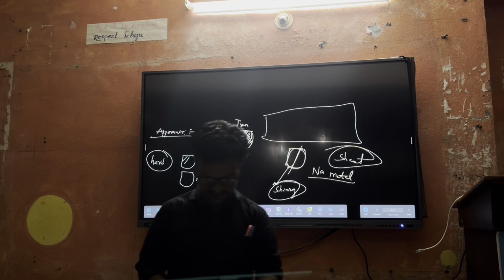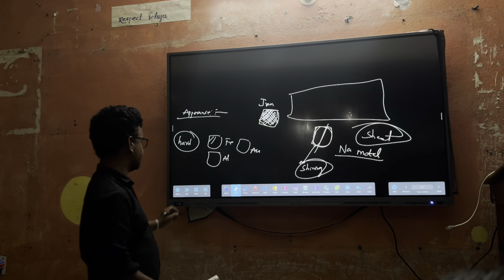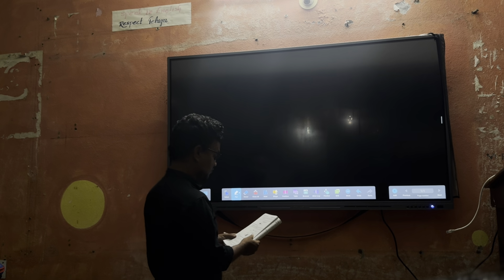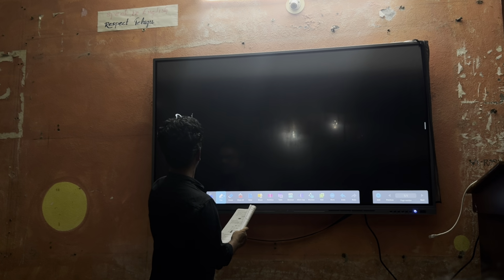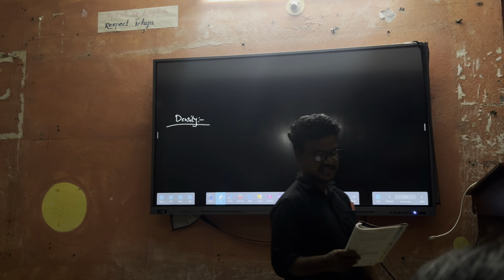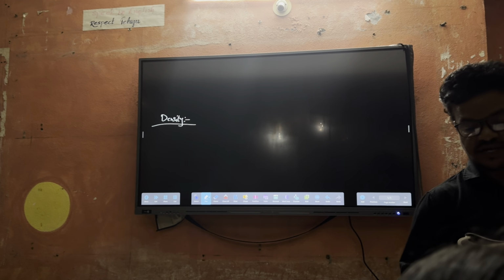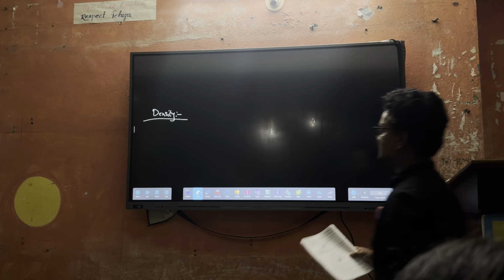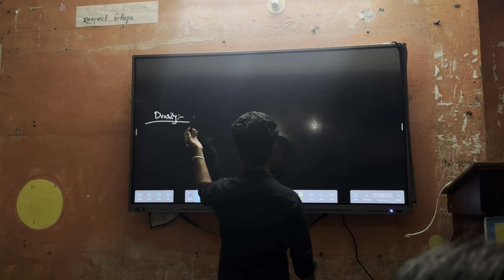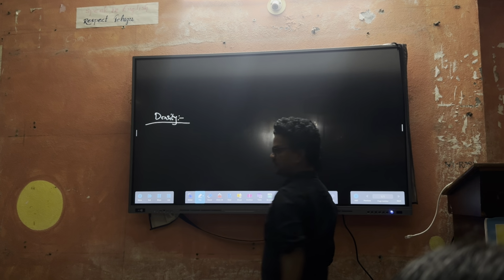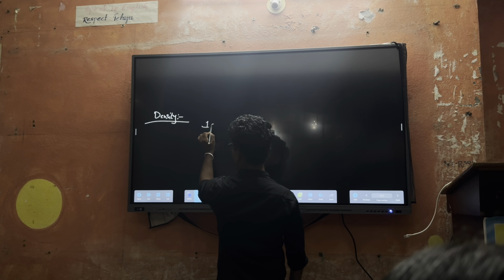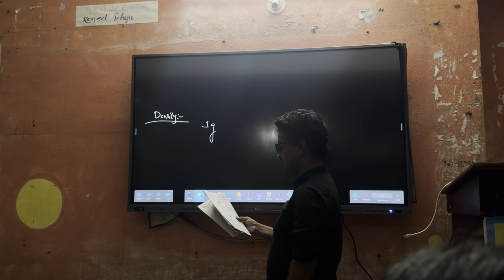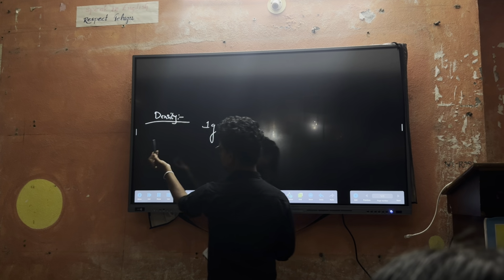Okay, next thing, density. One more property, density. All substances which have a density of more than 1 gram per cubic centimeter, for example, one object.